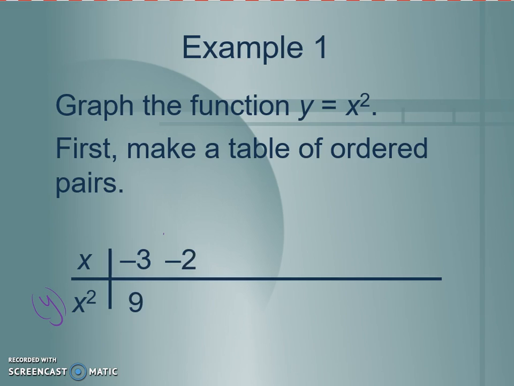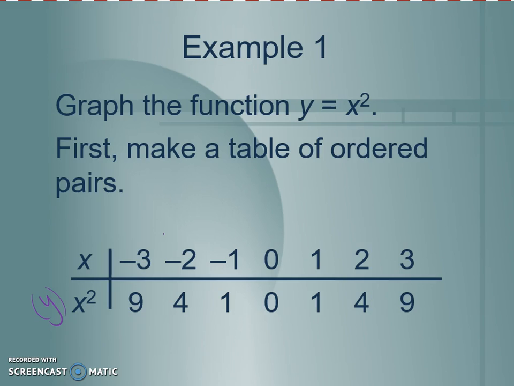Negative 2 squared is 4. Negative 1 squared is 1. 0 squared is just 0. And then we start moving back up. So now we'll do 1, 2, and 3. 1 squared is 1, 2 squared is 4, and 3 squared is 9.